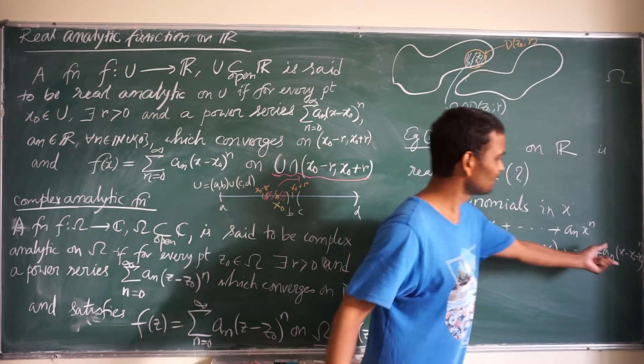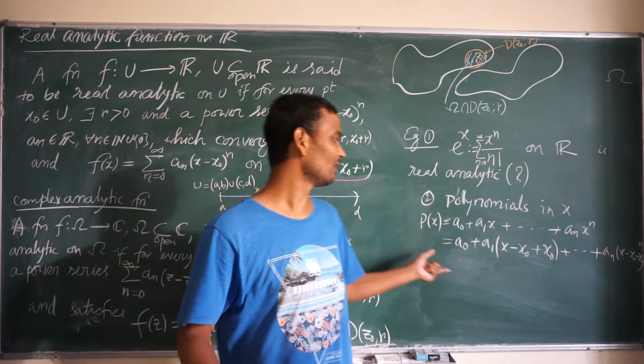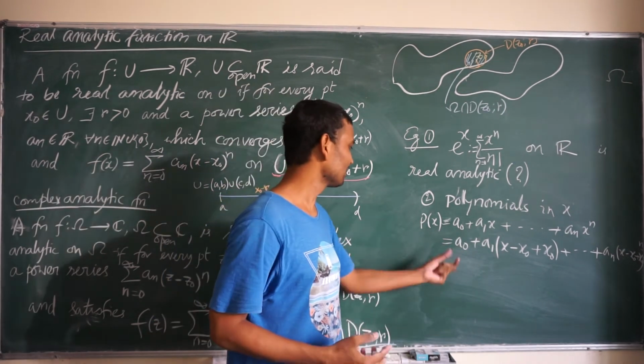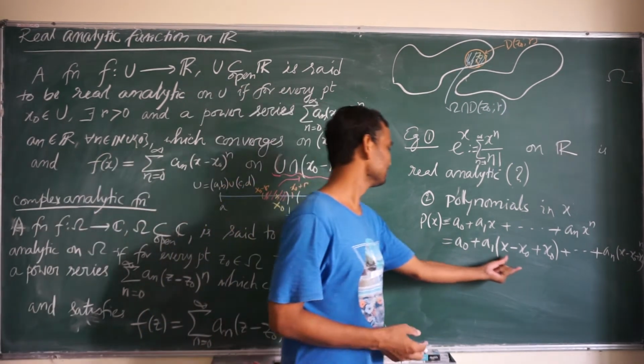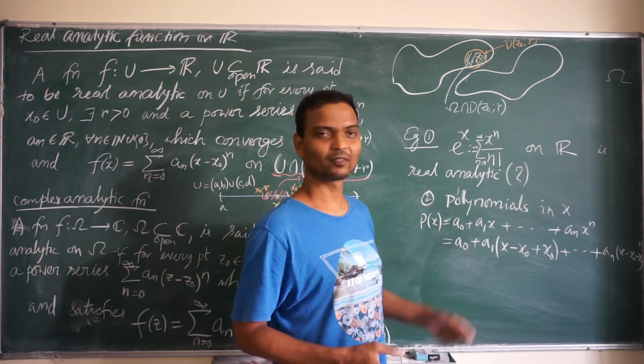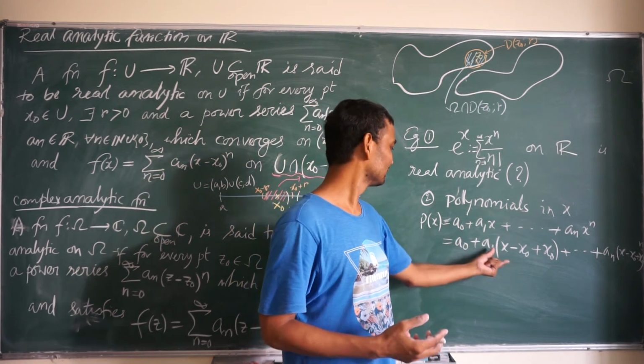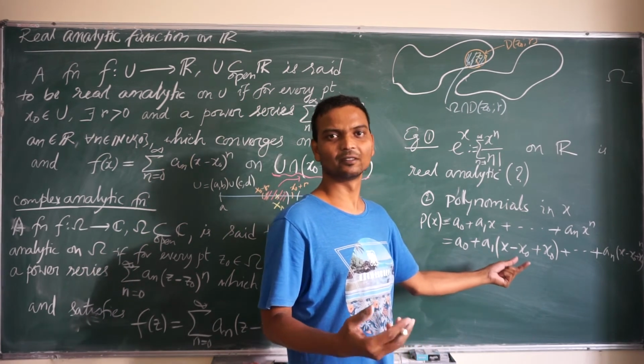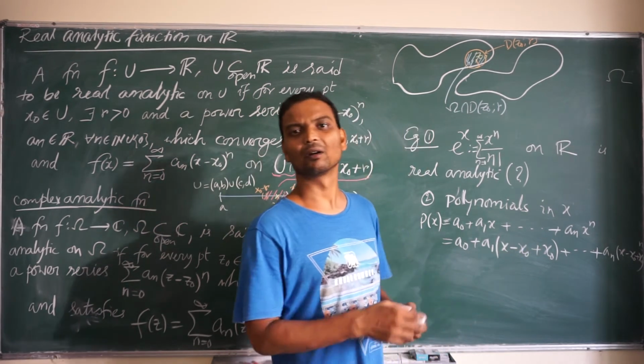Now you expand this binomial, and since all sums are finite, you gather together the constant terms first, then the coefficient of x minus x naught, then the coefficient of (x minus x naught) squared, and so on.